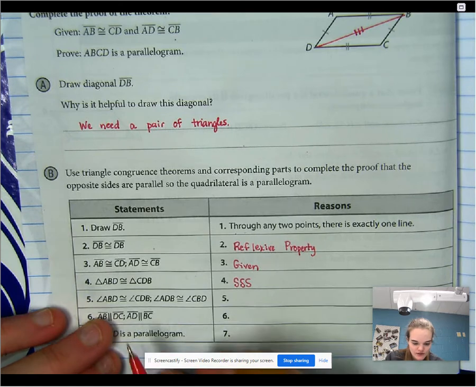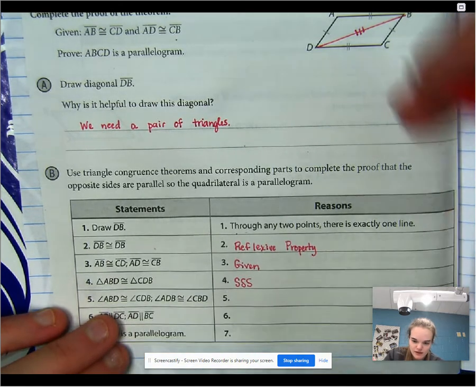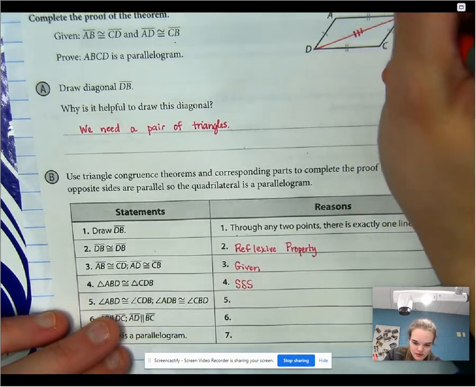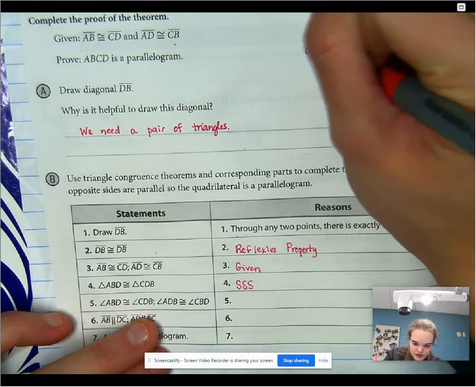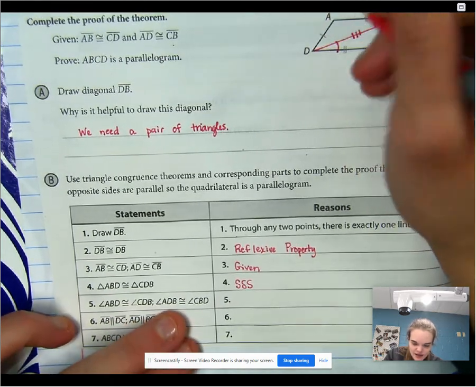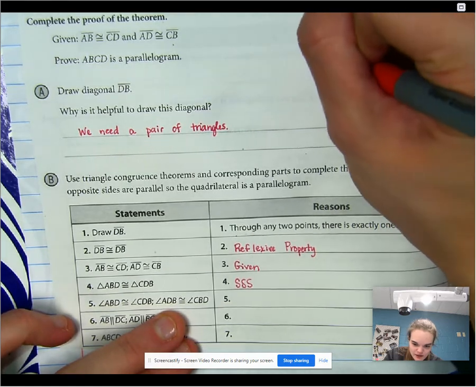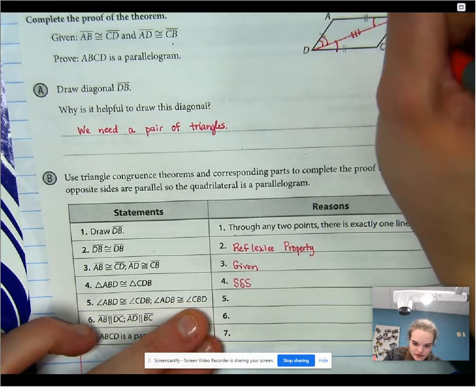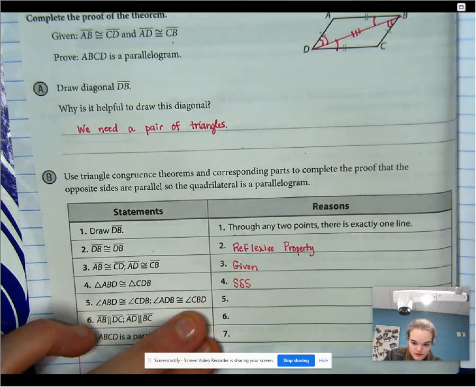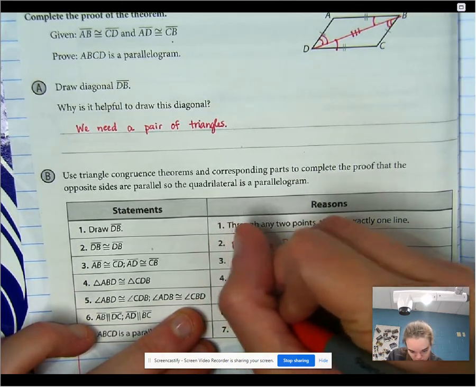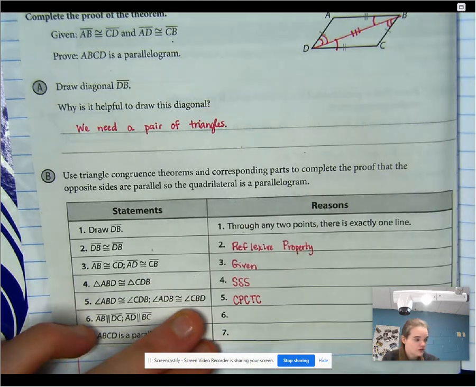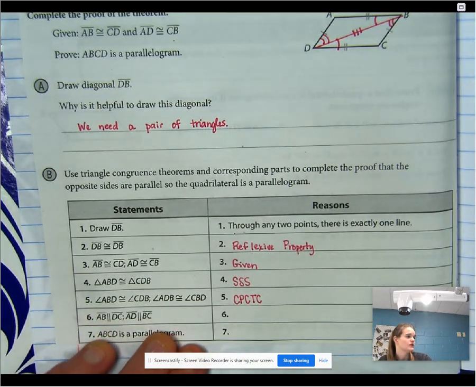Okay, next, ABD is congruent to CDB, and ADB is congruent to CBD. Well, that is because they are corresponding parts, congruent triangles or figures. Okay, here's what it's doing.